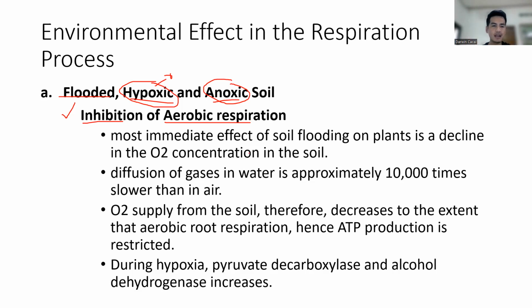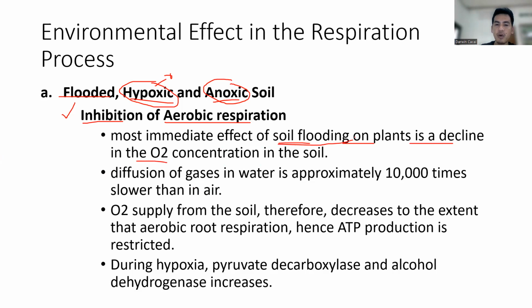Did you know that for most of our plants, when that happens, the production of food itself is restricted? So, let us see. The most immediate effect of soil flooding on plants is a decline in oxygen.